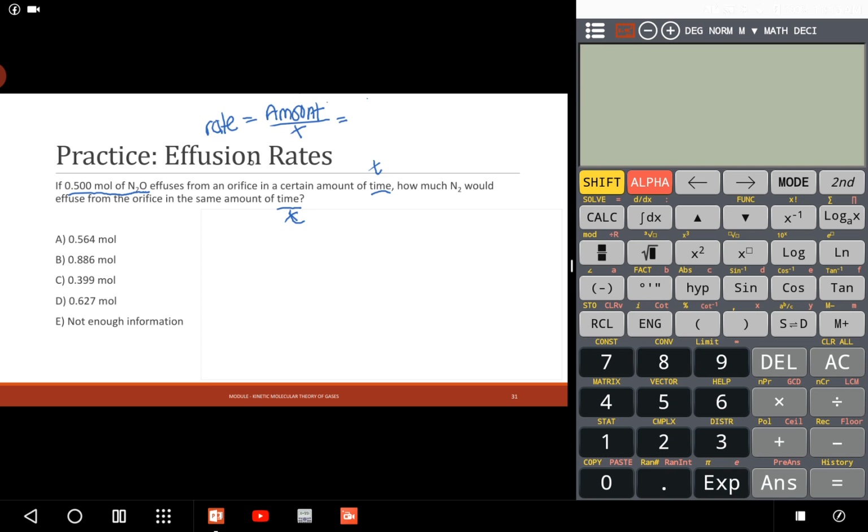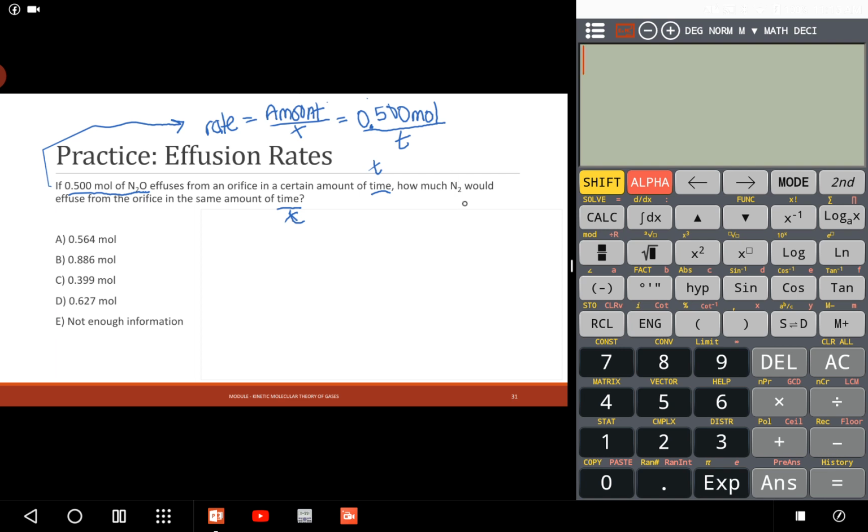And so the rate for N2O would be 0.500 moles per time. Before I get carried away with thinking about doing a calculation, I can think conceptually about how much my answer will be.